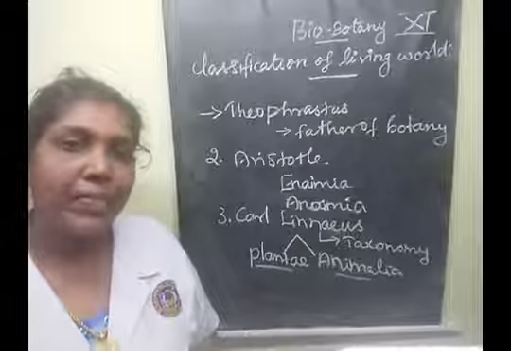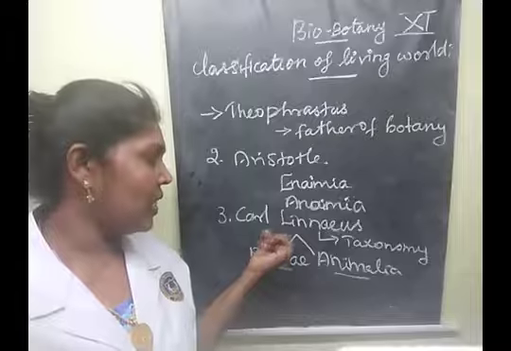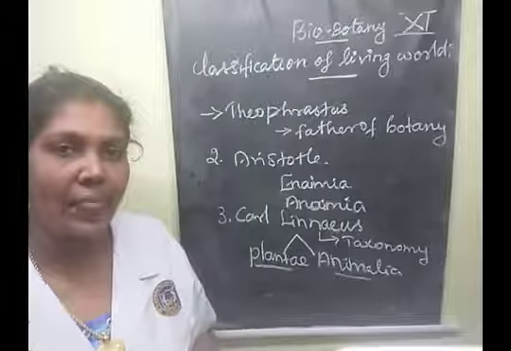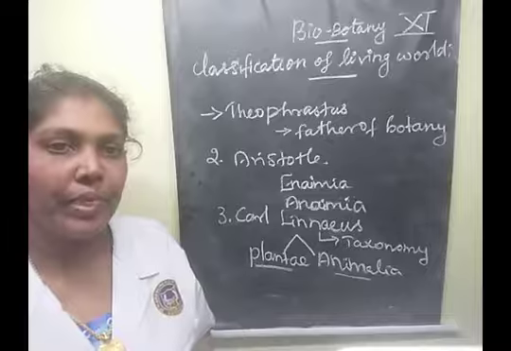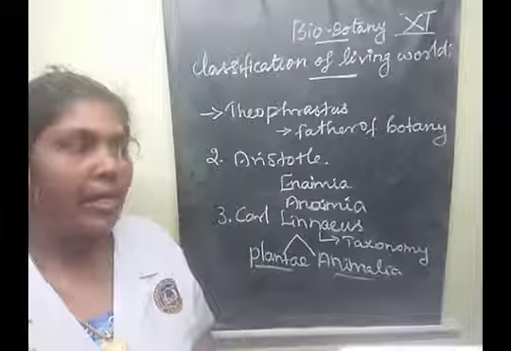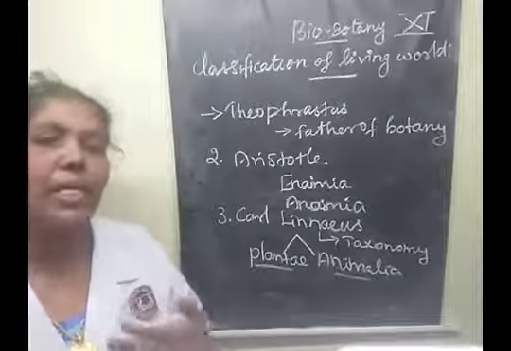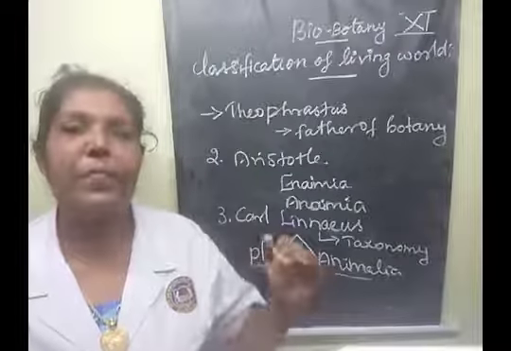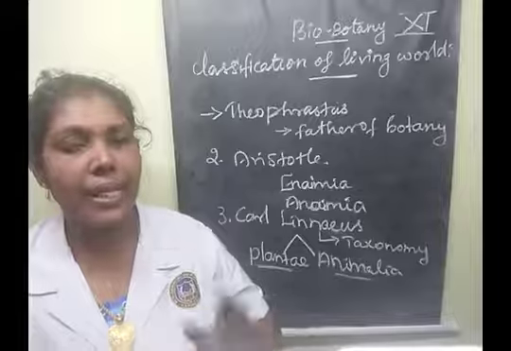So these are the certain drawbacks of Carolus Linnaeus's two kingdom system of classification. Understood, children? Say yes or no? Yes.